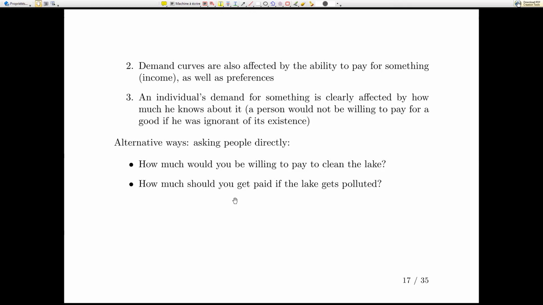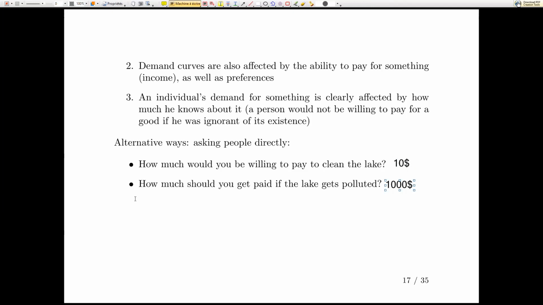Then they say, no, this lake is the best thing in the world, and you have to pay me $1,000 if I accept to get pollution dumped in the lake. So this is like $10, and this is like $1,000.